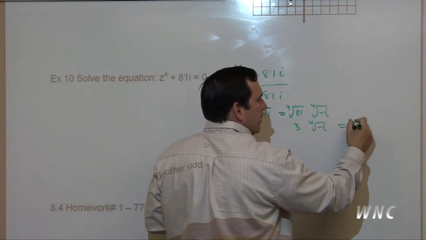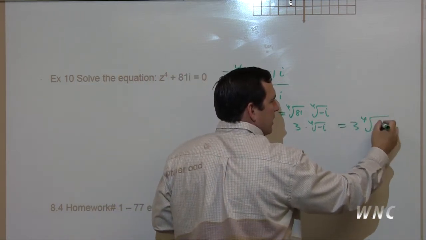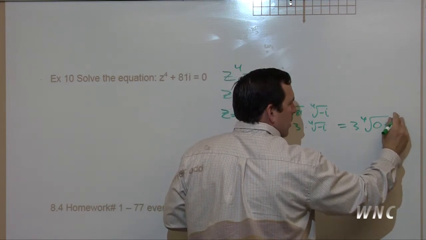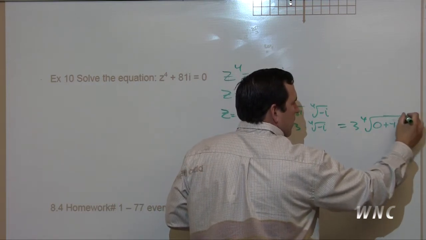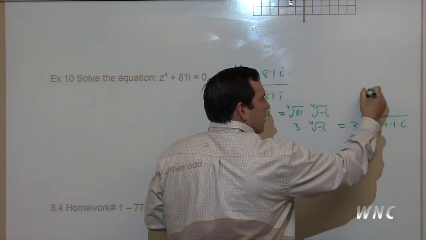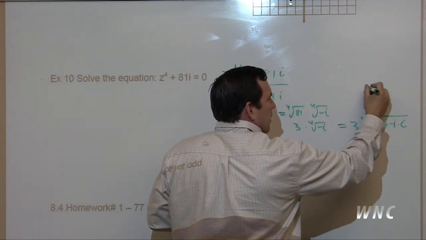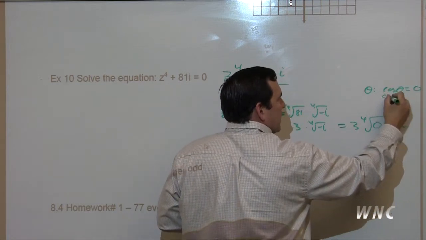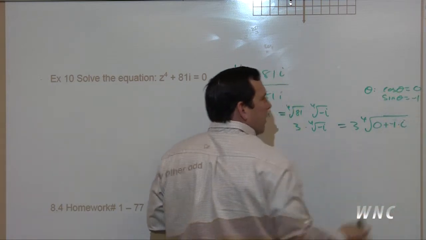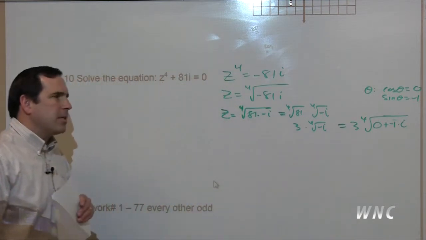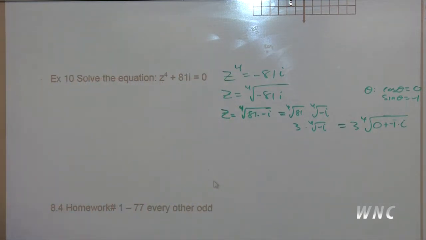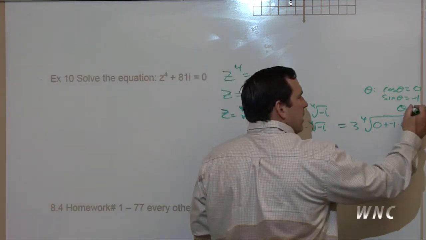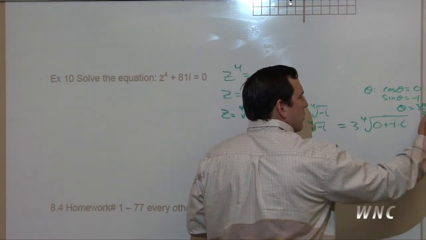Think of this as 3 times the fourth root of 0 plus negative 1 times i. So whatever our theta is, we have cosine of theta equals 0 and sine of theta equals negative 1. So for which values is that going to be the case? When is cosine going to be 0, but sine is negative 1? Well, that's whenever theta is 3 pi over 2.